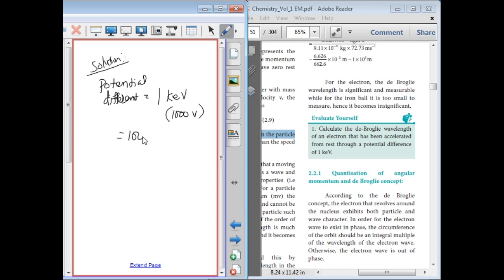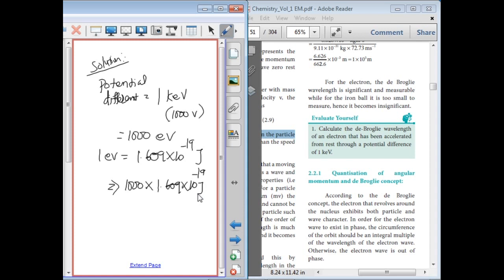So 1000 electron volt. 1 electron volt equals 1.609 into 10 power minus 19 joule. So 1000 multiplied by 1.609 into 10 power minus 19 joule.